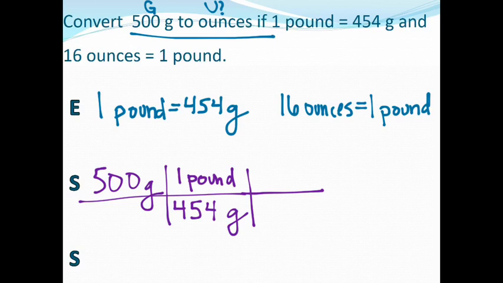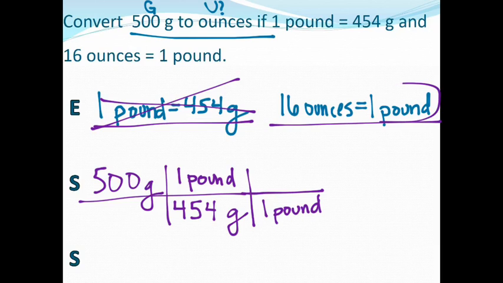Cancel out those pounds, and so that's actually going to be the same, but it's not the same here. I've already used this. It looks the same just because it has that same constant on this side of this equation. So now I'm putting this pound down here. That means that my 16 ounces can go on top.